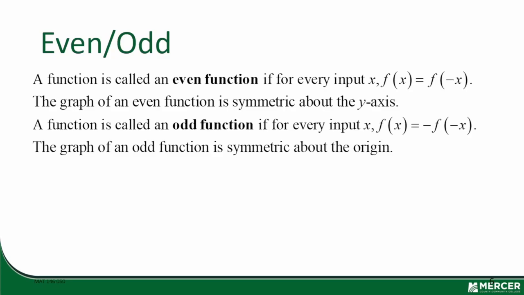Typically, you look at symmetry. You look at x-axis, y-axis. Origin's also pretty common. Those are not the only types of symmetry, of course. You can have symmetry across any line.